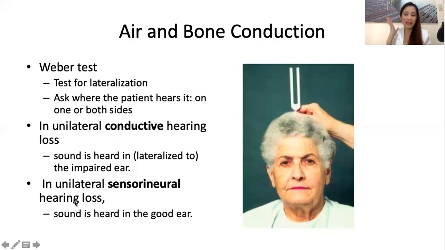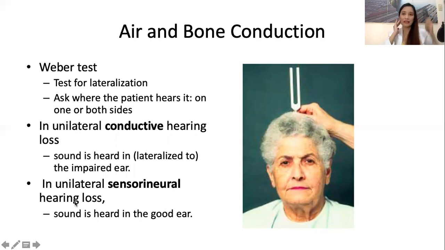So if you detect from the Rinne test that it's a conductive hearing loss, then you can lateralize the problem if the sound is heard on the impaired ear. So for example, you do the Rinne test and you know that it's conductive hearing loss. And then you do the Weber test and the patient can hear it on the right ear.